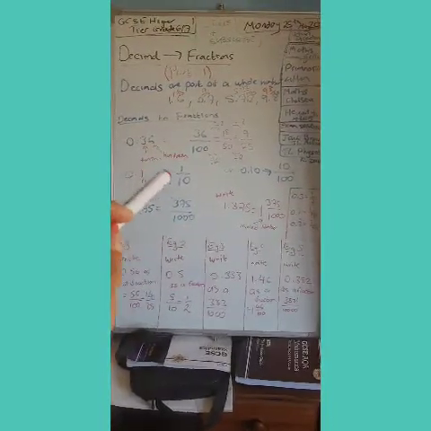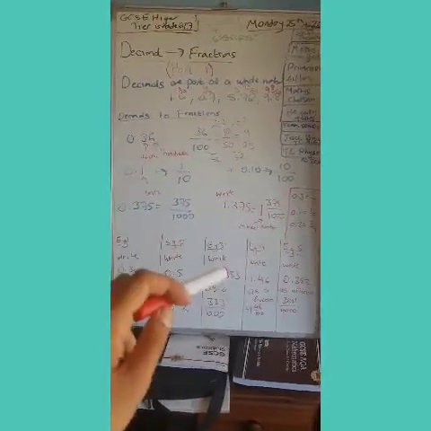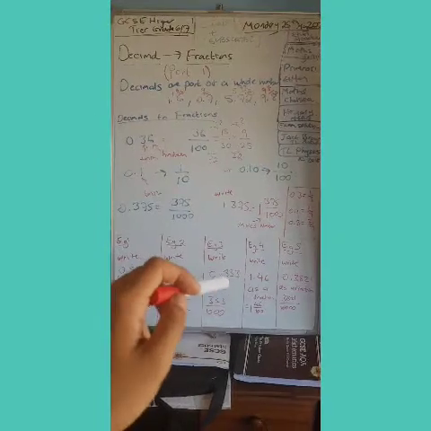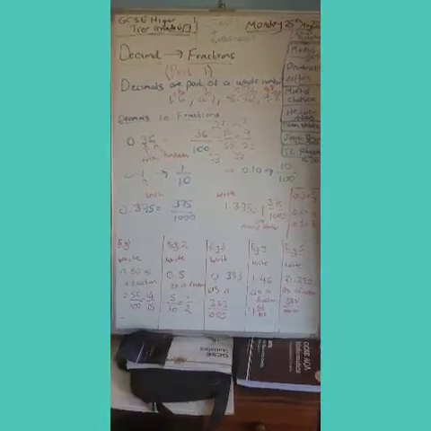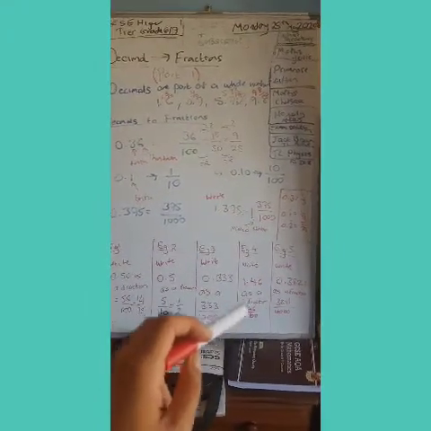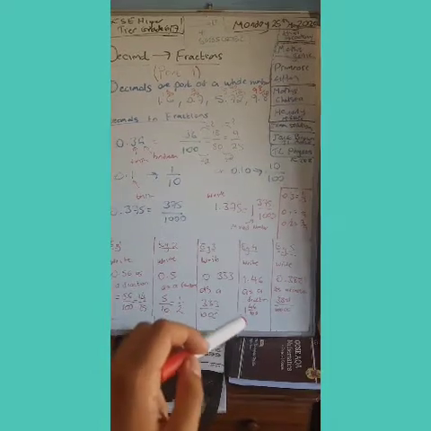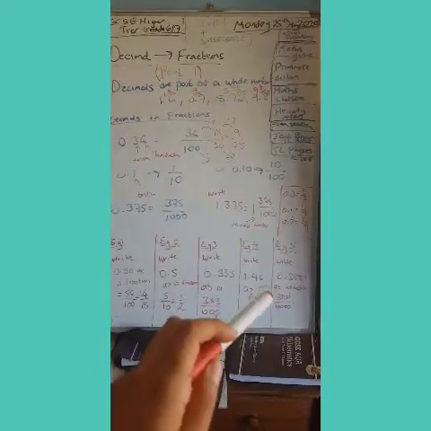Remember, if it's a tenth, it'll be out of 10, which is a half. 0.333 as a fraction, 333 over 1,000. 1.46 as a fraction, 1 and 46 over 100, which can be simplified to 1 and 23 over 50.